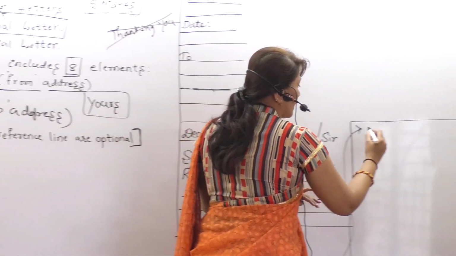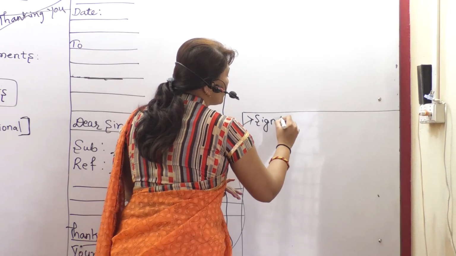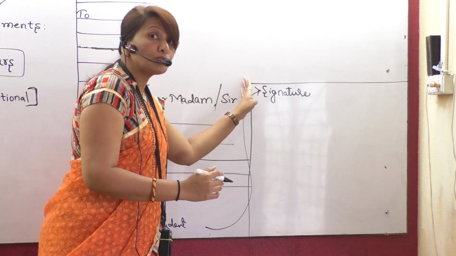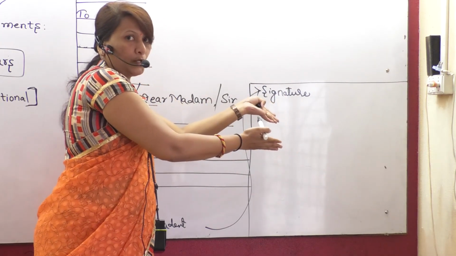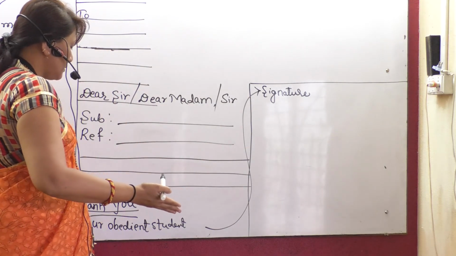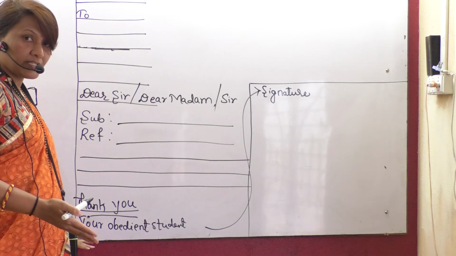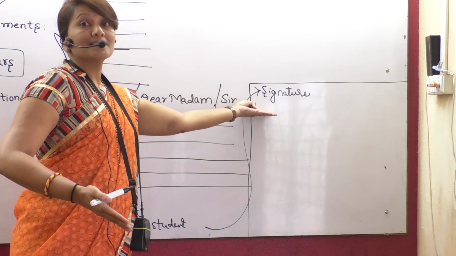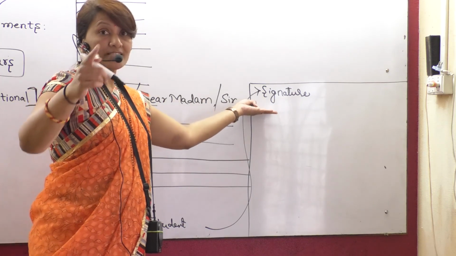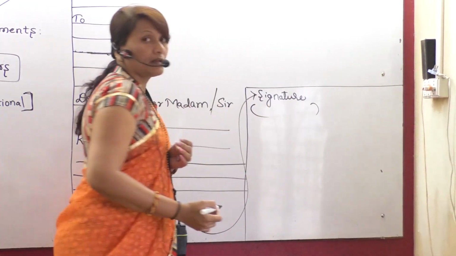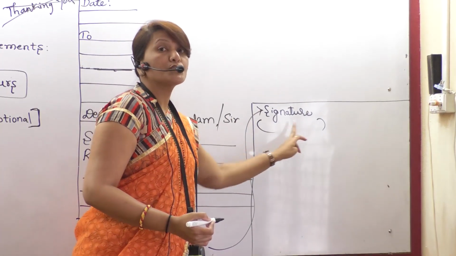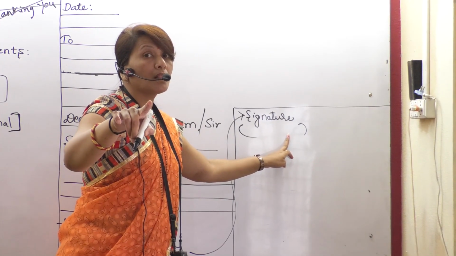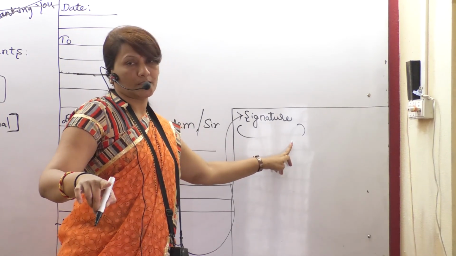There comes the signature of yours, that too at the left next to the margin. I hope you are getting it. Soon after these words of complementary clause, you have to put your signature. And after putting your signature, in bracket you have to write your initial. If possible, mention the date.